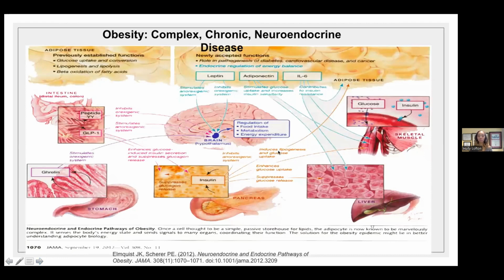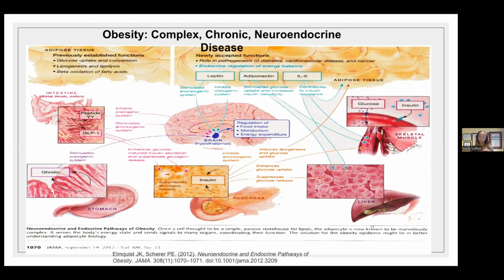And I'll start here with the brain and relate that to the stomach. So the gut-brain axis is really what's affected when we have obesity as a disease state. The stomach is sending messages to the brain, the intestines are sending messages to the brain, the pancreas is sending messages to the brain, adipose tissue, liver, all sending messages to the brain about whether we're full, whether we're hungry, whether we should eat, whether we should stop eating.